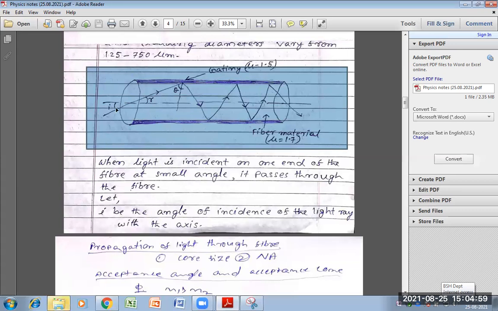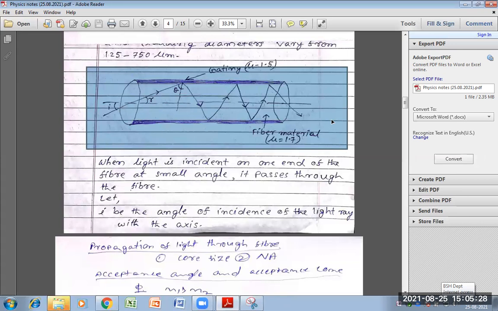Suppose n1 be the refractive index of the fiber, then this theta is greater than or equal to theta C, the critical angle. So theta C is equal to sine inverse 1 by n1, because n1 is the refractive index of the fiber. Then the ray is totally internally reflected.